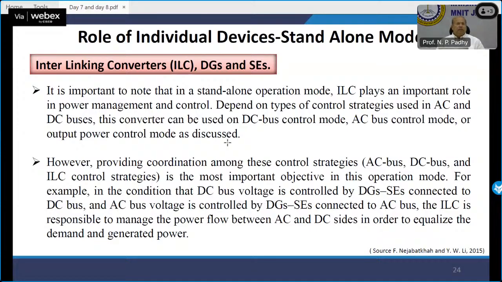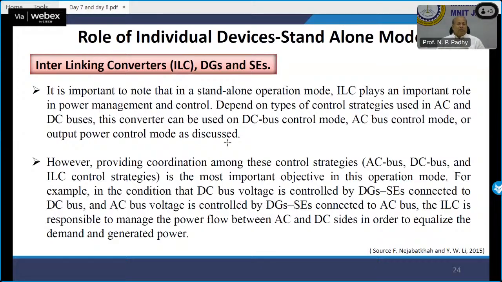This converter can be used in DC bus control mode, AC bus control mode, or output power control mode as discussed. So the ILC is quite flexible, it can operate on the DC side, the AC side, in any mode. However, providing coordination among these control strategies, that is AC bus, DC bus, and ILC, because that itself is another bus actually, is the most important objective in this operation mode.